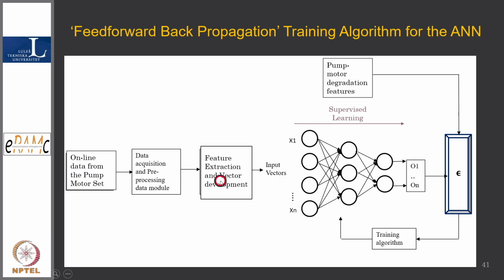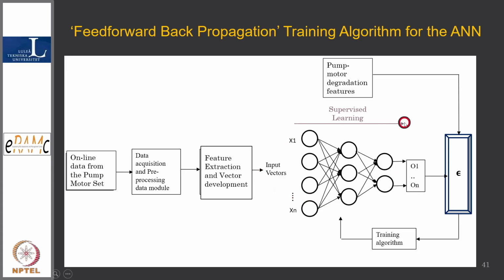For example, if two peaks in the frequency domain are close to each other by a certain separation, then it will be condition number 1. If they are at a different location, then it is condition number 2, and so on to condition number n. So, input vectors and the conditions they correspond to. What is happening here? We had input data, and we had output characterization also.